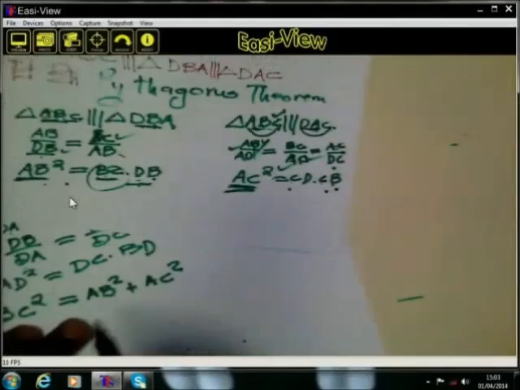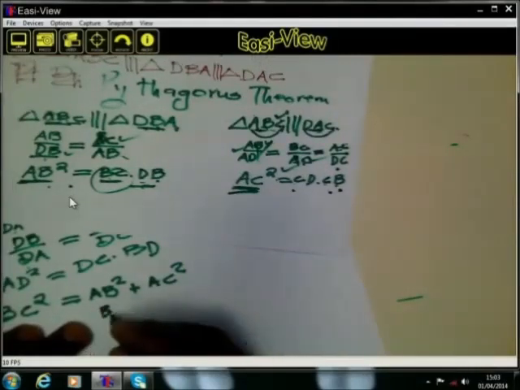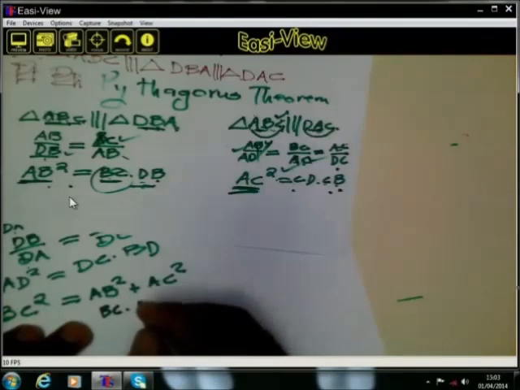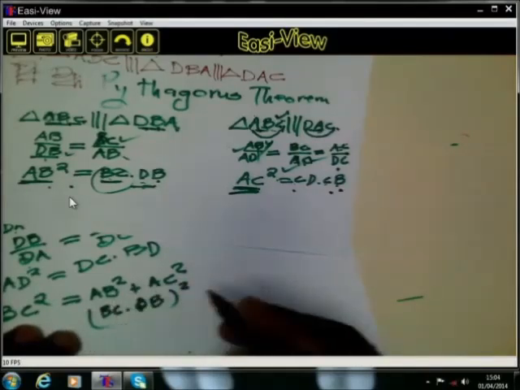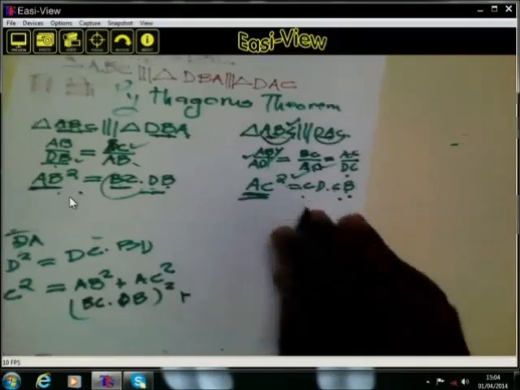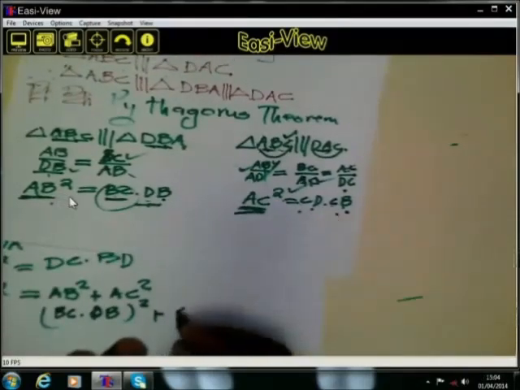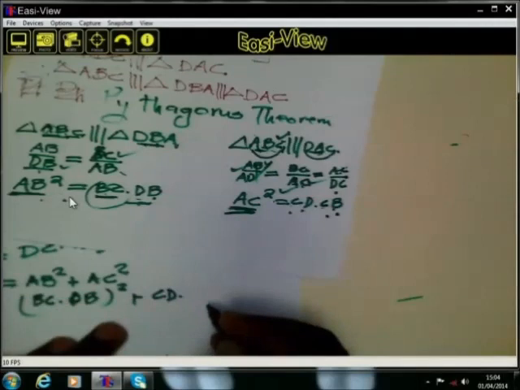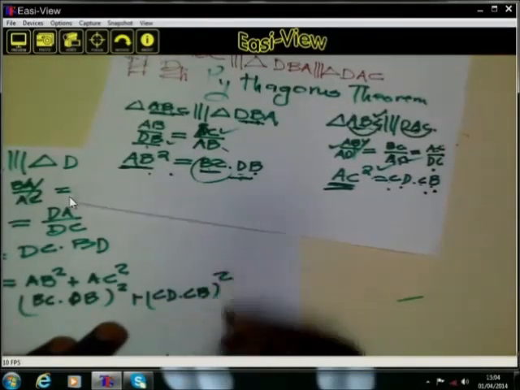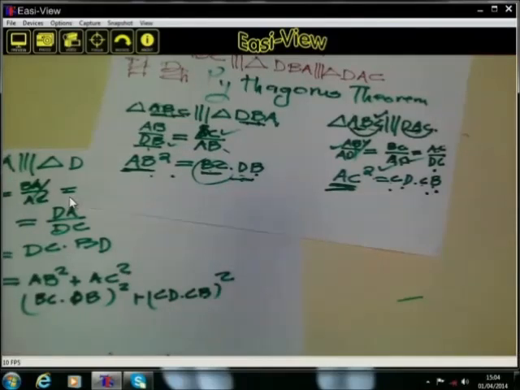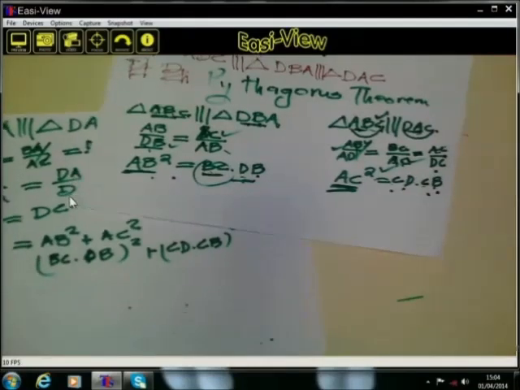What is my AB squared? AB squared is BC multiplied by DB, remember, because AB squared plus AC squared. From this we have said AC squared is CD multiplied by CB. Remember, that is what we are now looking at.